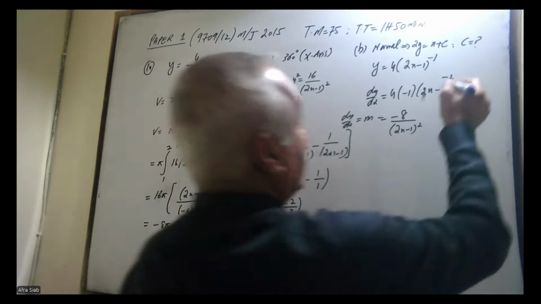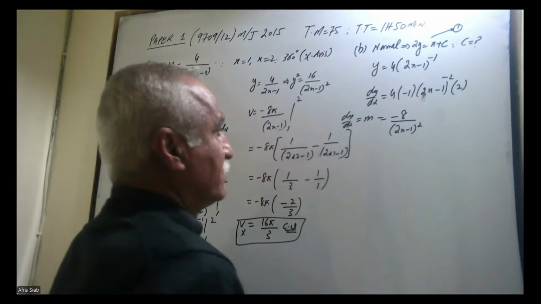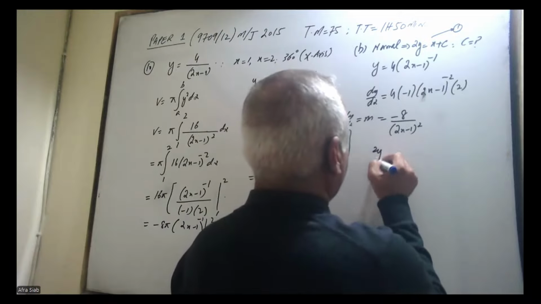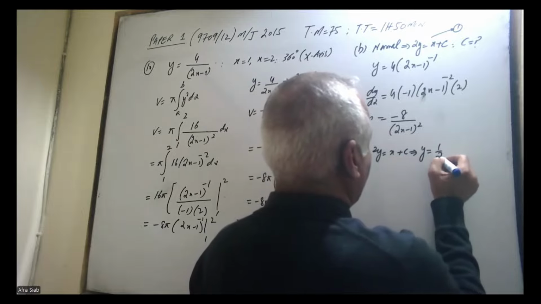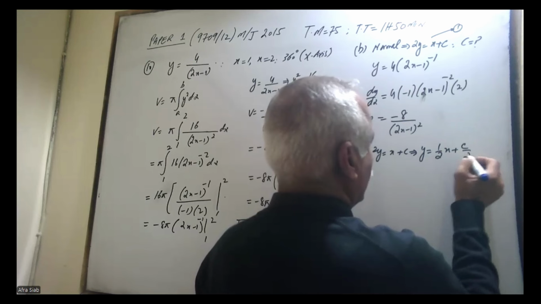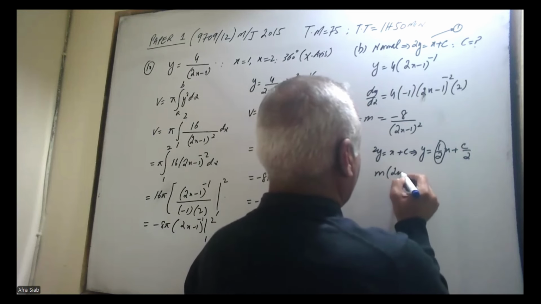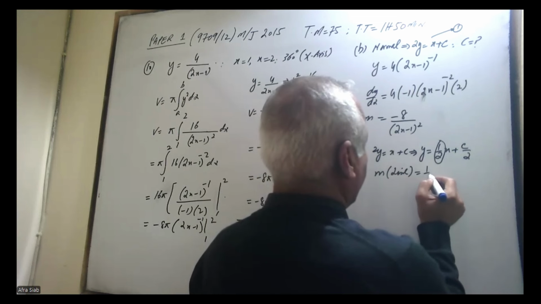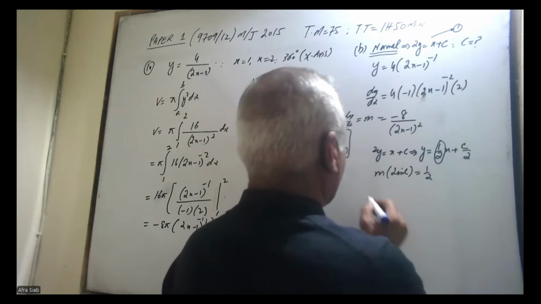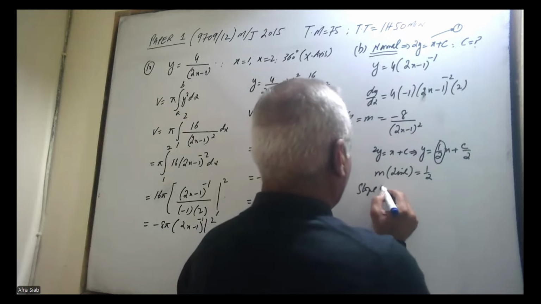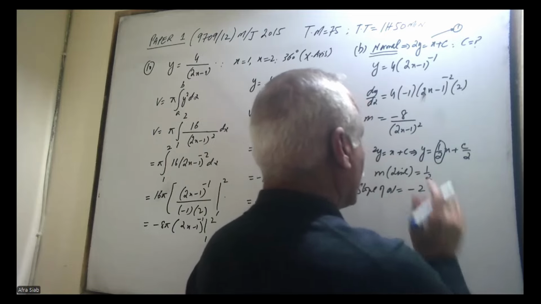But the standard equation is given: 2y equals x plus c. So y equals half x plus c over 2, and the slope of this line is half. Since they are asking about the normal to this curve, the slope of the normal will be minus 2, because it is the negative reciprocal of half.